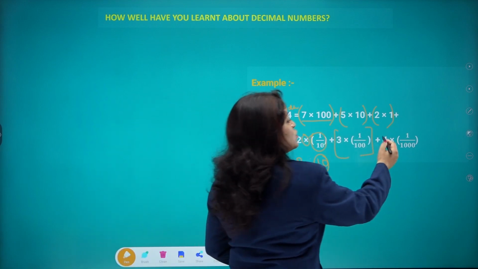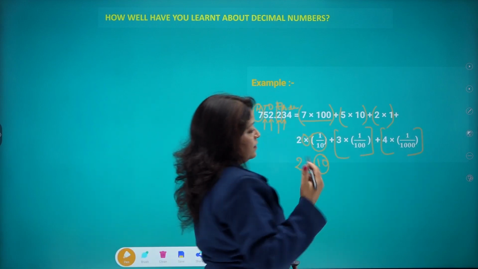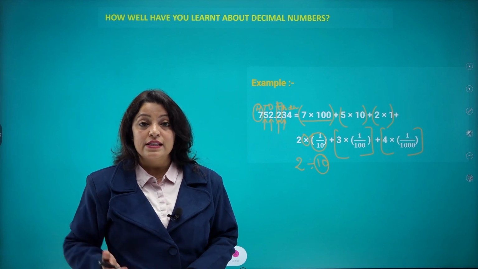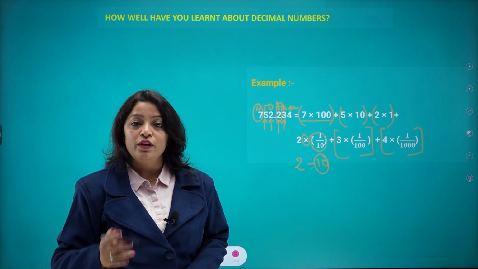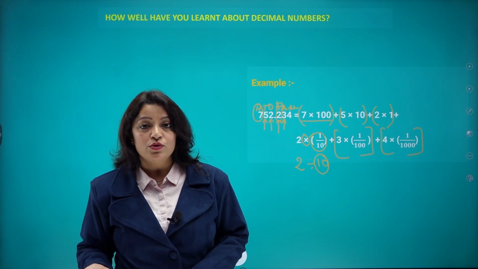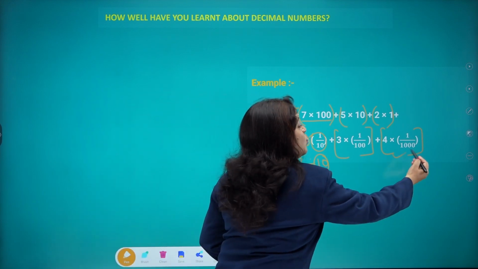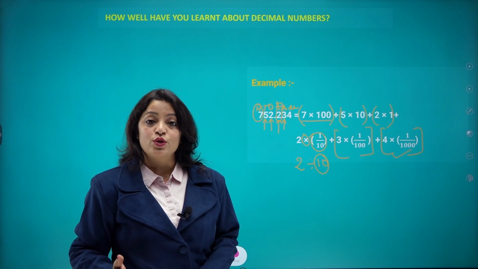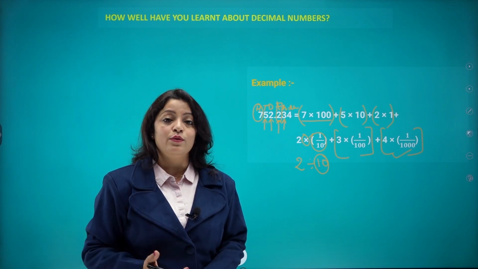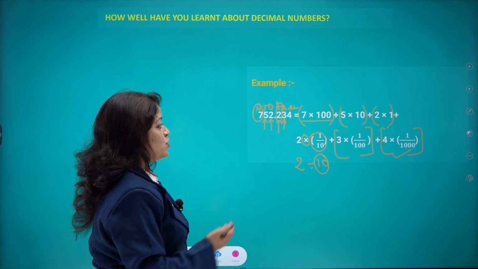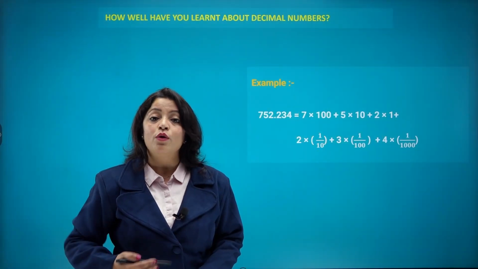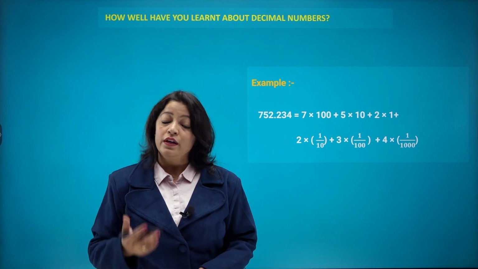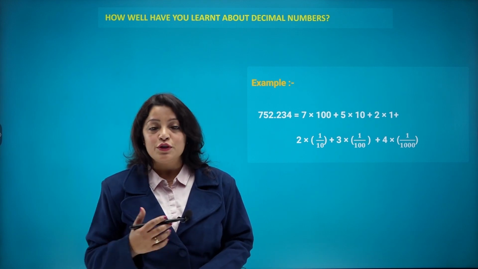Similarly, 4 is to be multiplied by 1 over 1000, or we can say we are dividing 4 by 1000. So, very simple, if you are dividing by 1000 or you are multiplying by 1 over 1000, because you are actually taking the reciprocal and then multiplying. Same thing is here, which I think is now more clear to you, how to write in an expanded form if any decimal number is given to you.